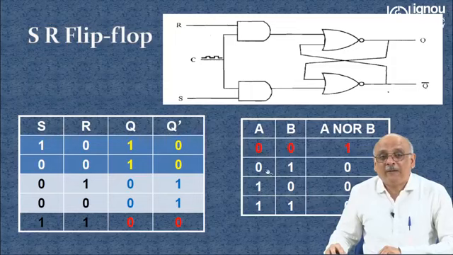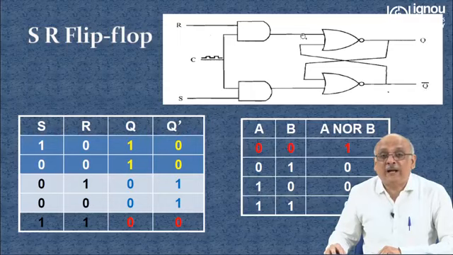If any of the input values is 1, the output is going to be 0. So what we see here, when Q was 0, both the inputs are 0 for this particular NOR gate. So what is going to be Q bar? It is going to remain at 1. So Q was 0, so Q bar will stay at 1.